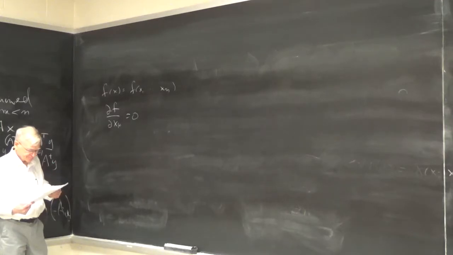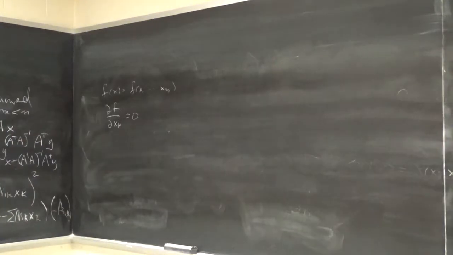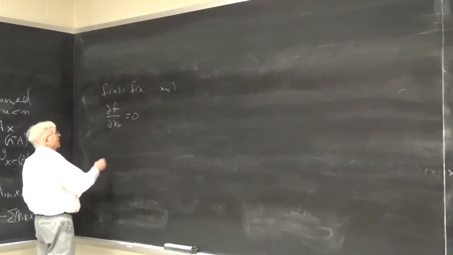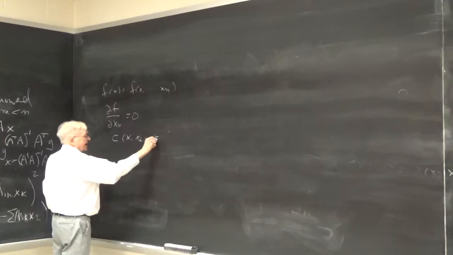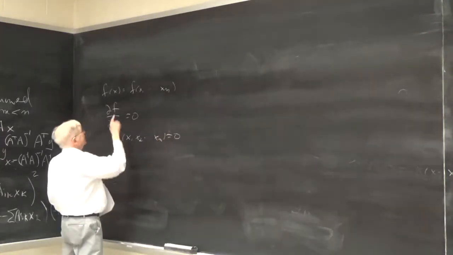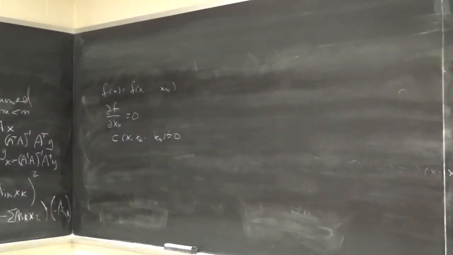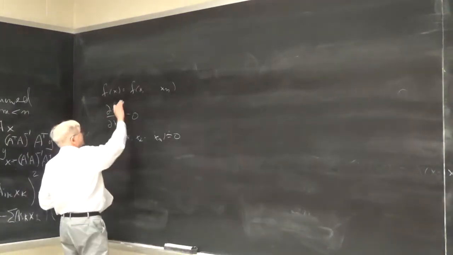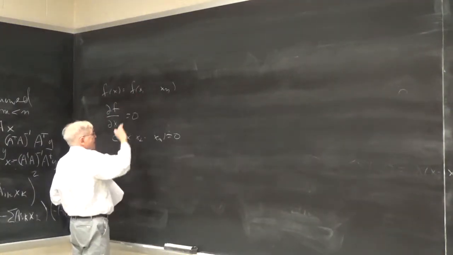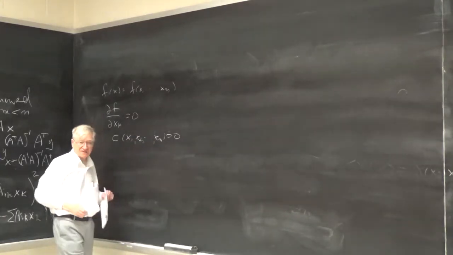But what Lagrange pointed out, in the 18th, early 19th century, probably the 18th actually, was what if we have a constraint that c of x1, x2, xn is equal to 0, and we want the minimum or the maximum of this thing subject to that constraint. In other words, we're not interested in the actual minimum or maximum of the function, but only the ones that occur when c vanishes.